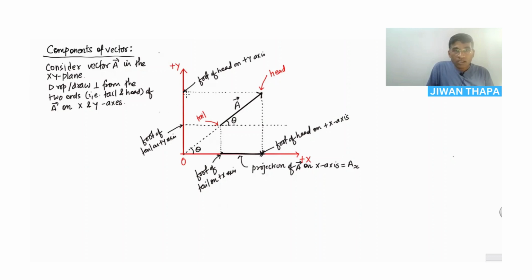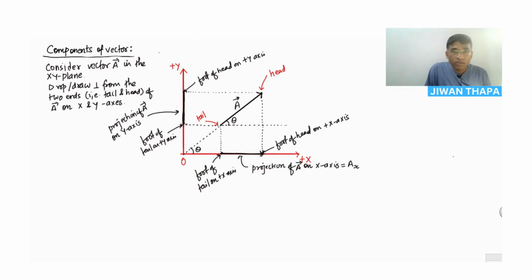This length represents the projection of vector A on the y-axis.